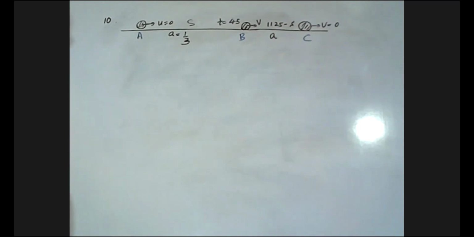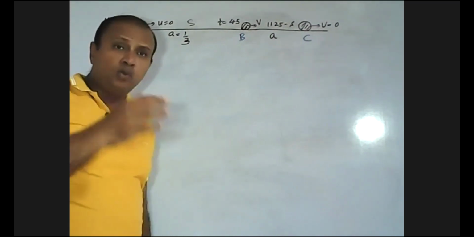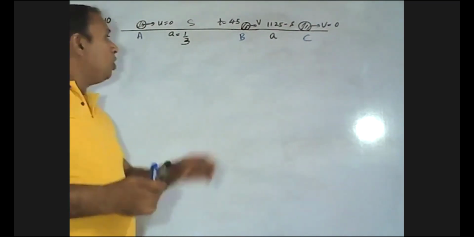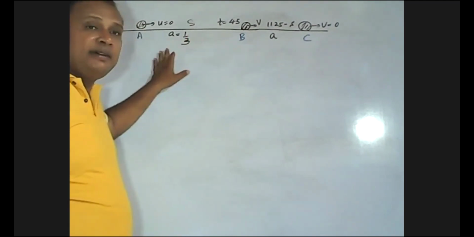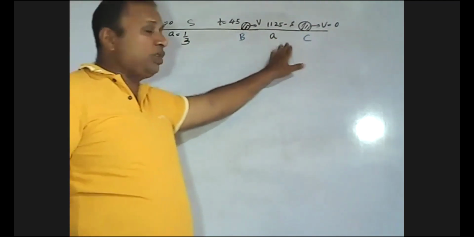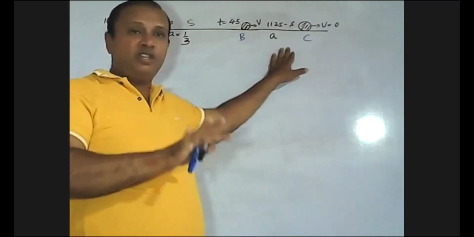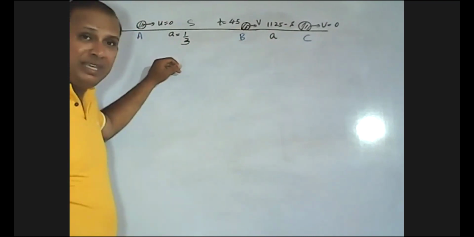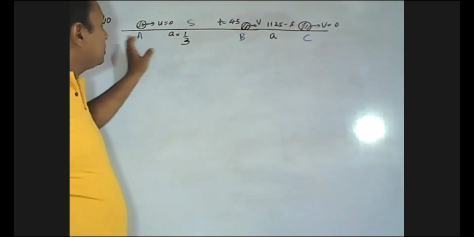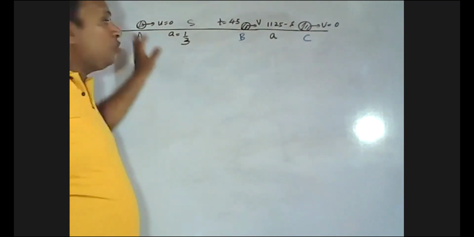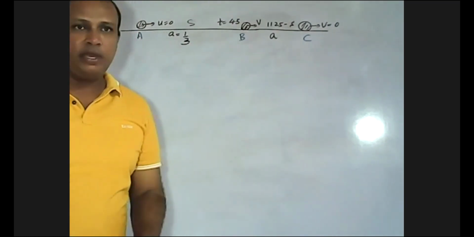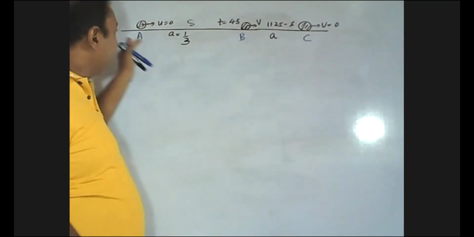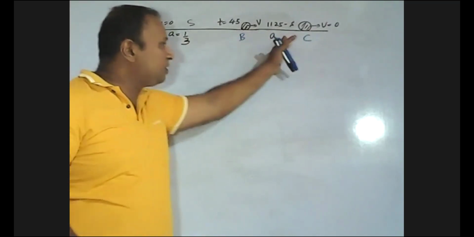In this motion, there are 2 separate motions. You have to identify that. From A to B, there's an acceleration, and B to C, there's another acceleration, which is a deceleration. Therefore, when you use equations of linear motion, you have to consider these two parts separately, because from A to C the acceleration is not constant. But from A to B it is constant, and from B to C it is constant.